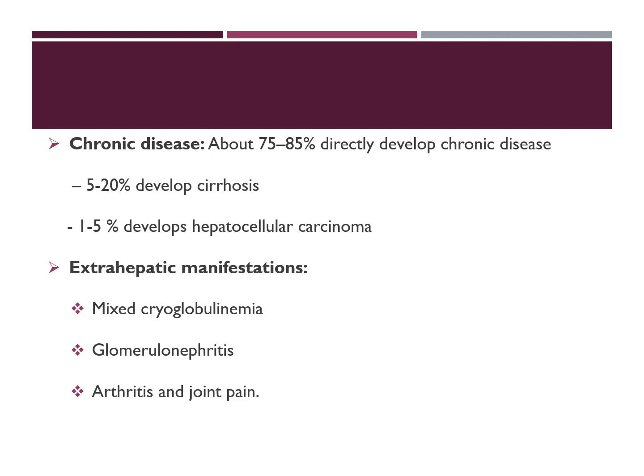So all are difficult complications. There can also be some extrahepatic manifestations, that is mixed cryoglobulinemia, glomerulonephritis, arthritis, joint pain. Mainly the immune complexes can form and harm different organs, get deposited there, and there can be some immunological complications.